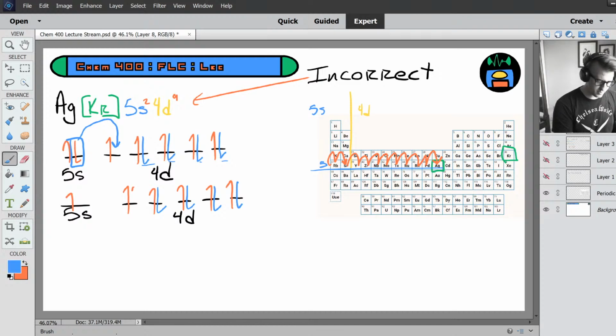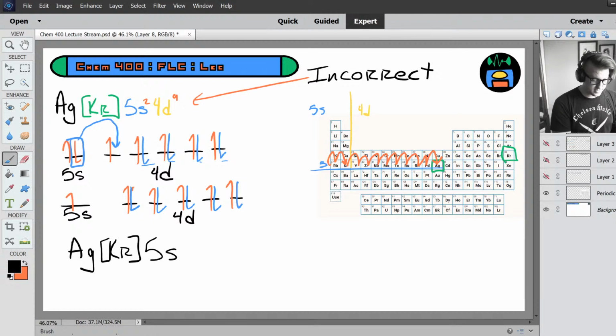There's that electron that's promoted up. And so the actual electron configuration then will be krypton in a bracket, 5s1, 4d10.